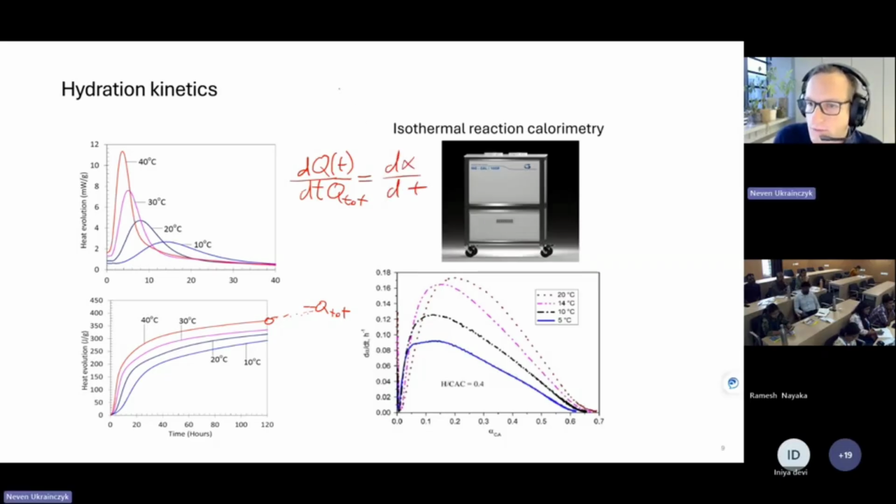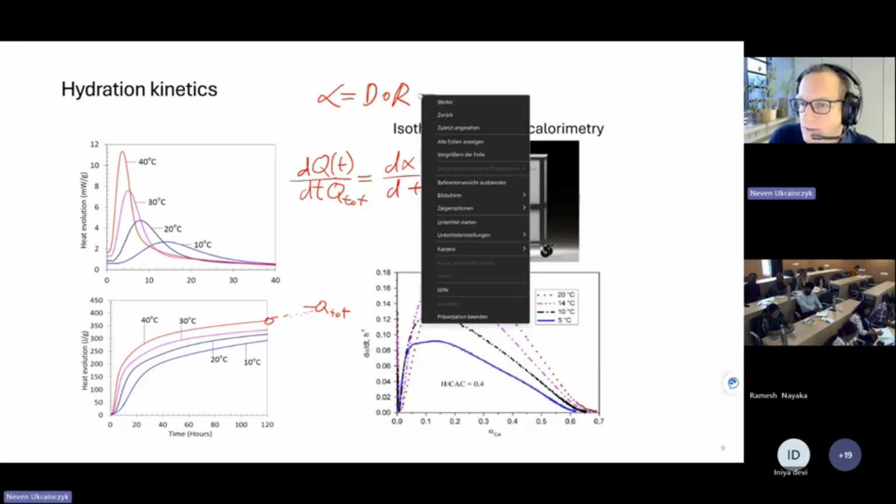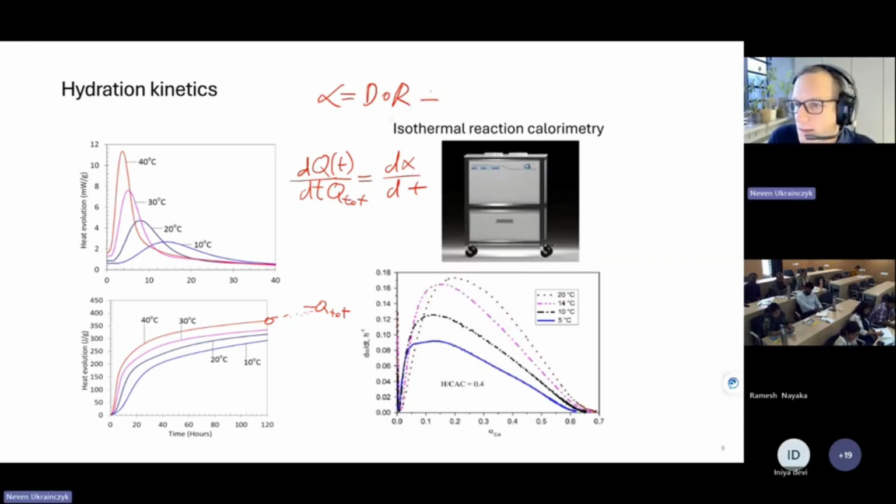Because the alpha, the degree of reaction, we called it before degree of reaction, now we have alpha also, just simpler. And the degree of reaction is defined actually as Q in time t divided by total Q.